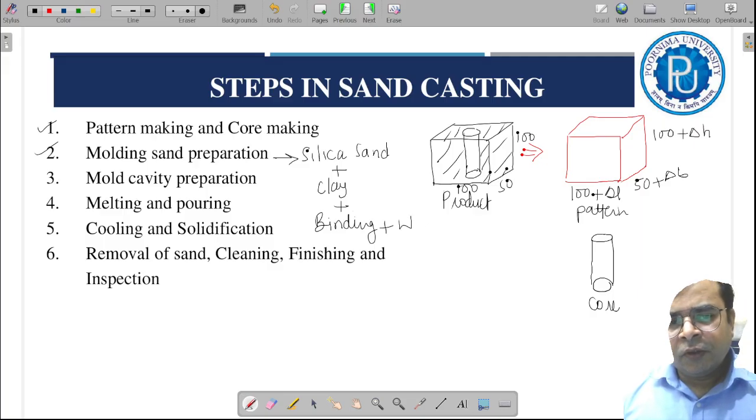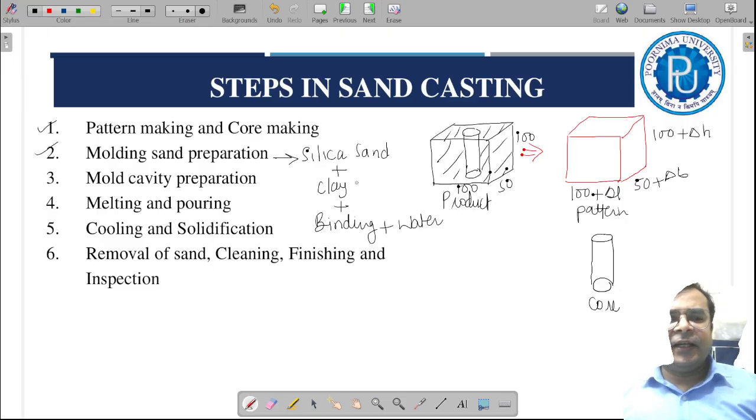Obviously the mixing of these ingredients is very essential, and they should be mixed in a particular proportion to give very good strength, hardness, ductility and so on. So for getting appropriate molding sand properties, we need to mix these ingredients in a particular ratio, and after mixing we need to perform several tests to ensure the properties are good.